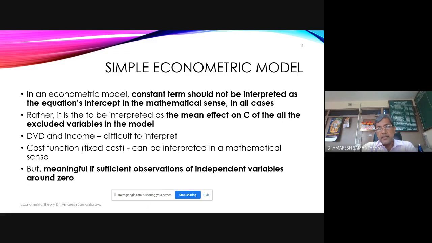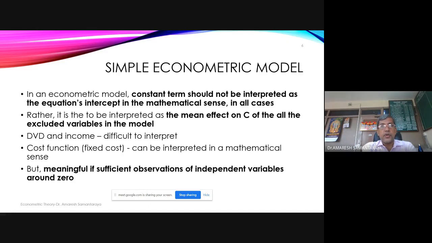So in several examples in econometric models, your intercept may have a meaningful interpretation. But there could be many other examples where the constant or intercept term doesn't have a proper interpretation.